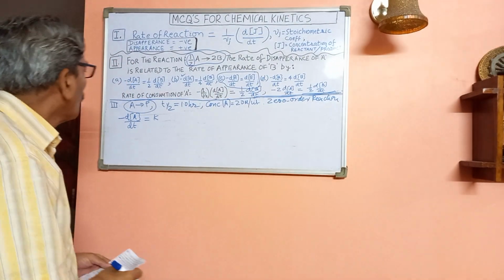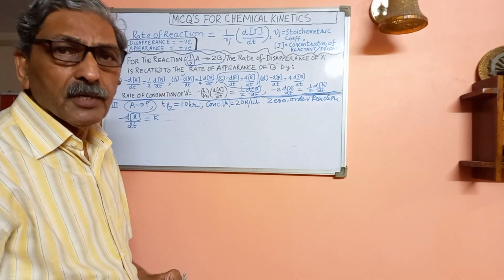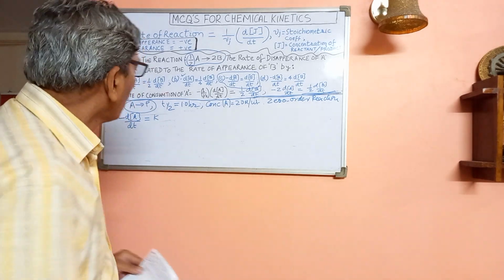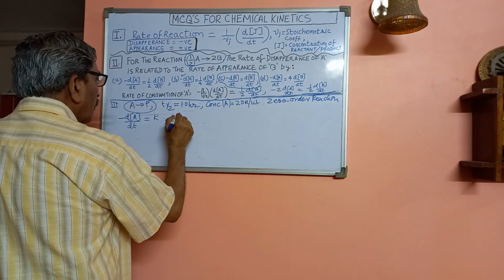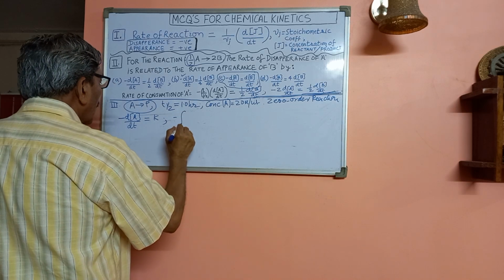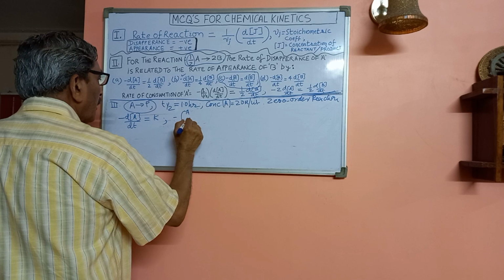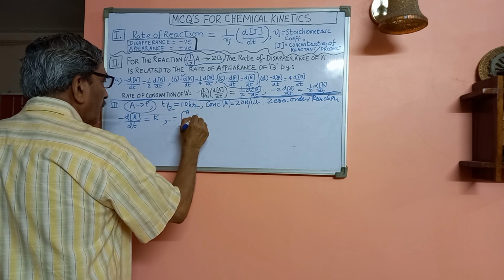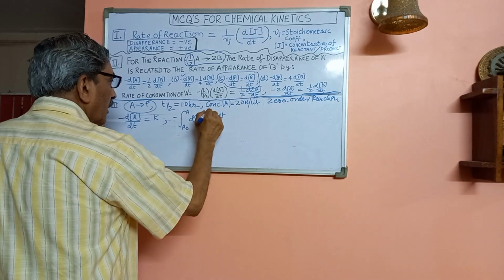Now if you integrate this equation by simply modifying it, you can say that you want to integrate this equation between the limits, let's say a0 and a, and you have d of a equal to some k of dt.